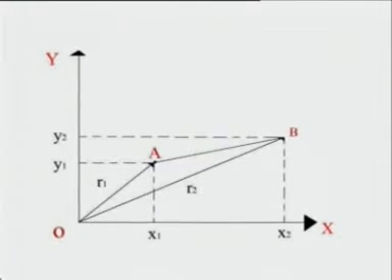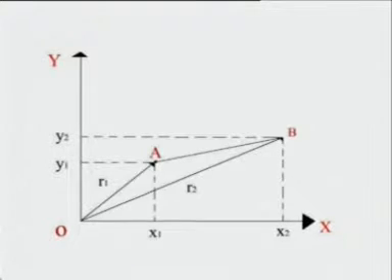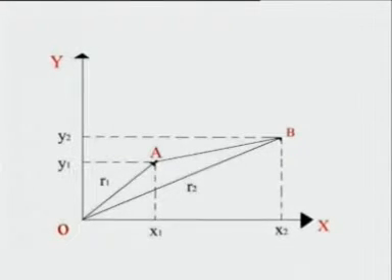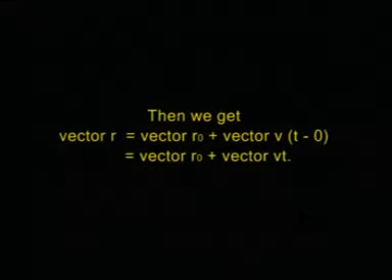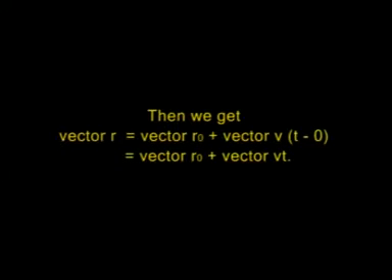Then, replacing vector r2 with vector r, vector r1 with vector r0, t2 by t and t1 by 0, we get vector r is equal to vector r0 plus vector v into (t minus 0), which is equal to vector r0 plus vector vt.